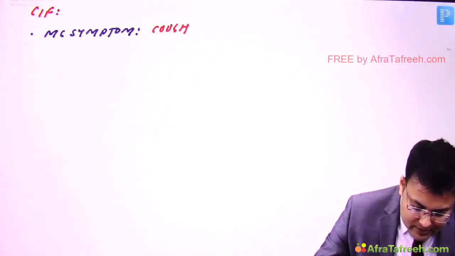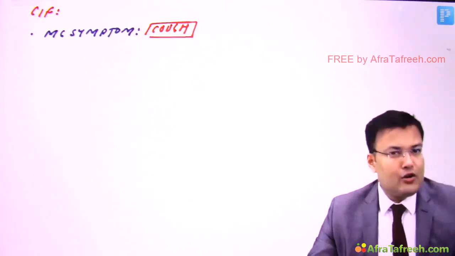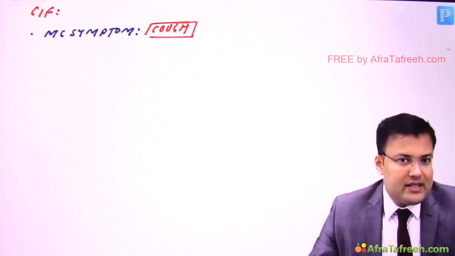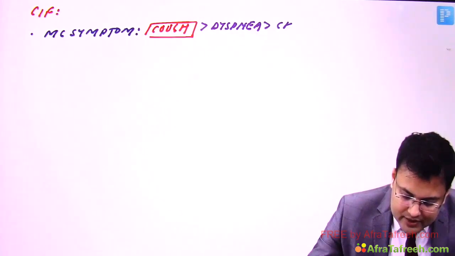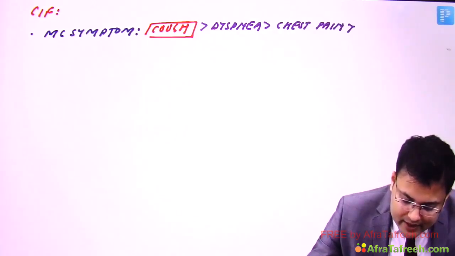Okay, so see what are the symptoms. First question which is asked, what is the most common symptom of carcinoma lung? You must be knowing it is cough. So the most common symptom is cough, followed by dyspnea, followed by chest pain, followed by hemoptysis.